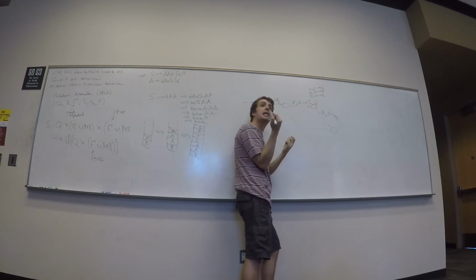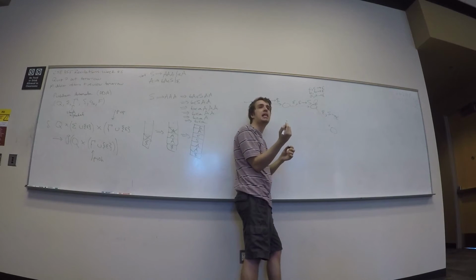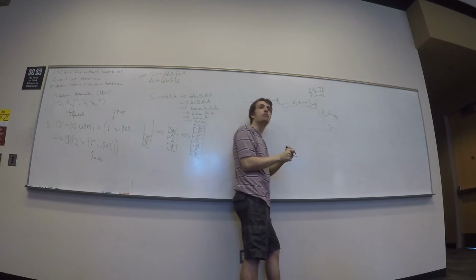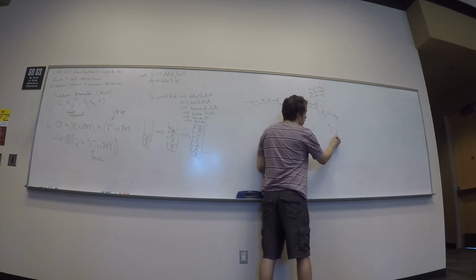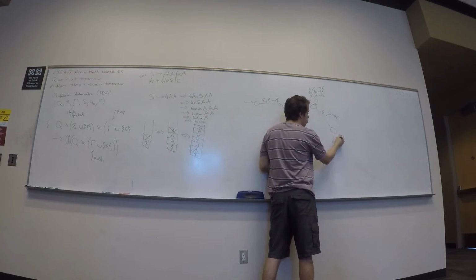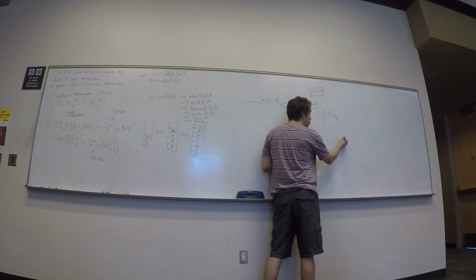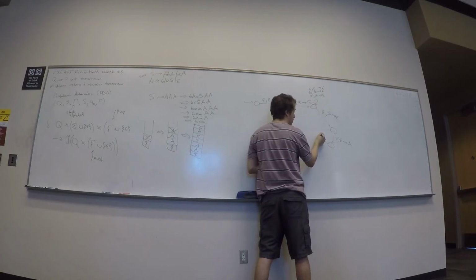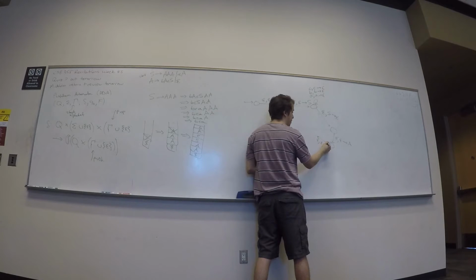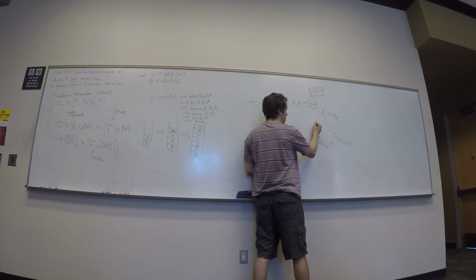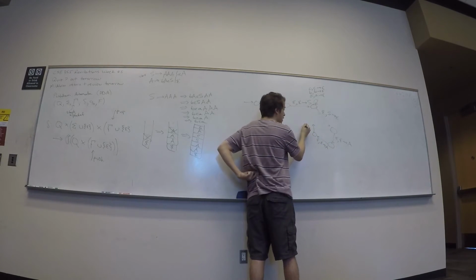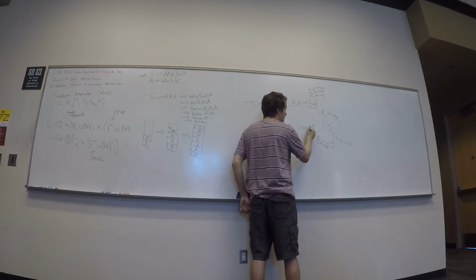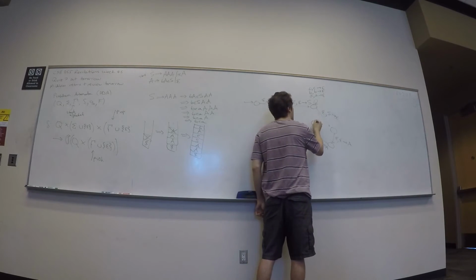So since I can only push one thing on the stack at a time, I think I need 3 transitions. So what I'm going to do is have a transition where I don't read, don't pop, but push an A 3 times. And then I'm just going to follow the construction we did in class, which is slightly different than what I'm used to.